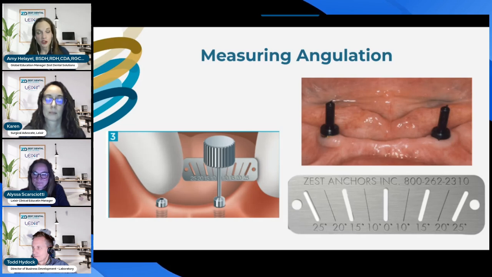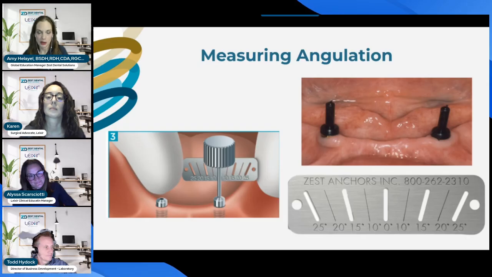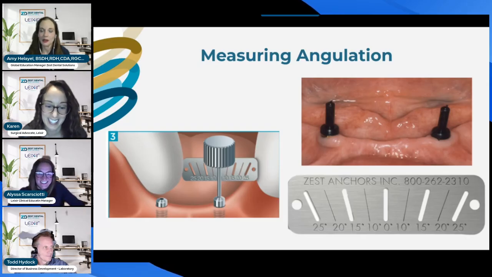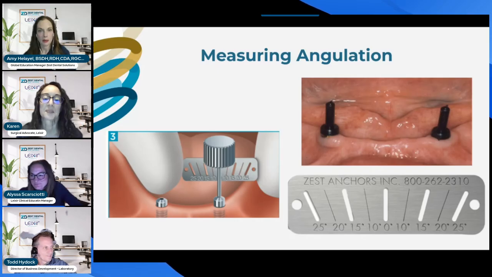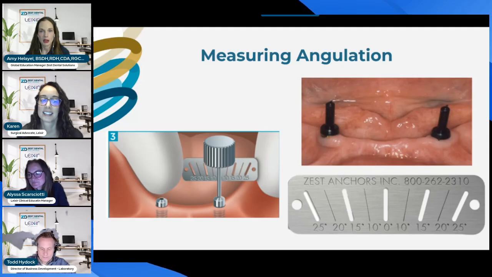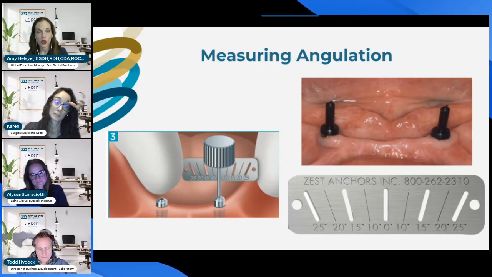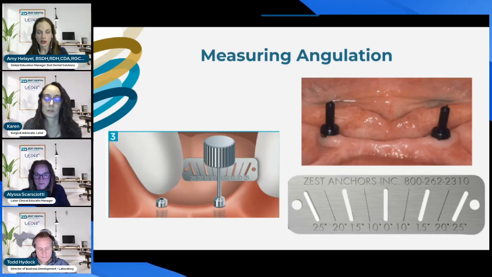So in addition to measuring the cuff height, I could probably do an hour-long webinar just on measuring cuff heights, which I know we don't have that much time for tonight. I don't think anyone would want to sit through that webinar. But another important step in fabricating your overdenture is angulation. Measuring angulation is just as important as measuring that cuff height. The reason is, at Zest and with Locators for overdentures, we have different tolerances of our nylon inserts to correct angulation.